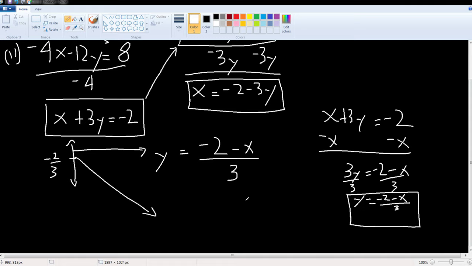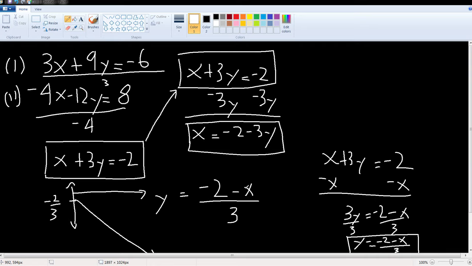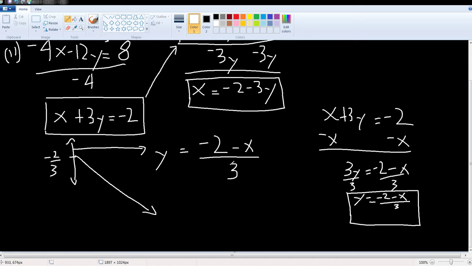So as you can see, in this case we don't have one specific solution. Our solution is actually infinitely many solutions, because whatever value I plug in for x, I am going to get something for y. Okay? And that is all. Thank you. Goodbye.